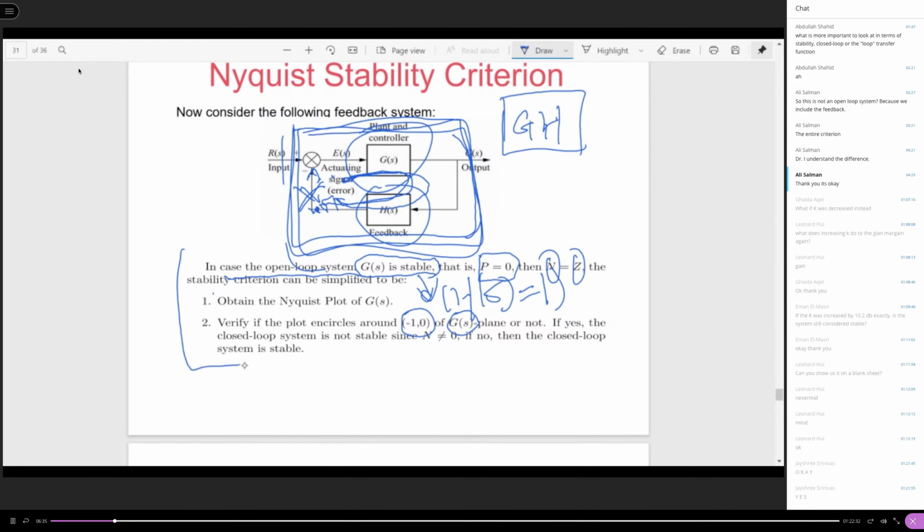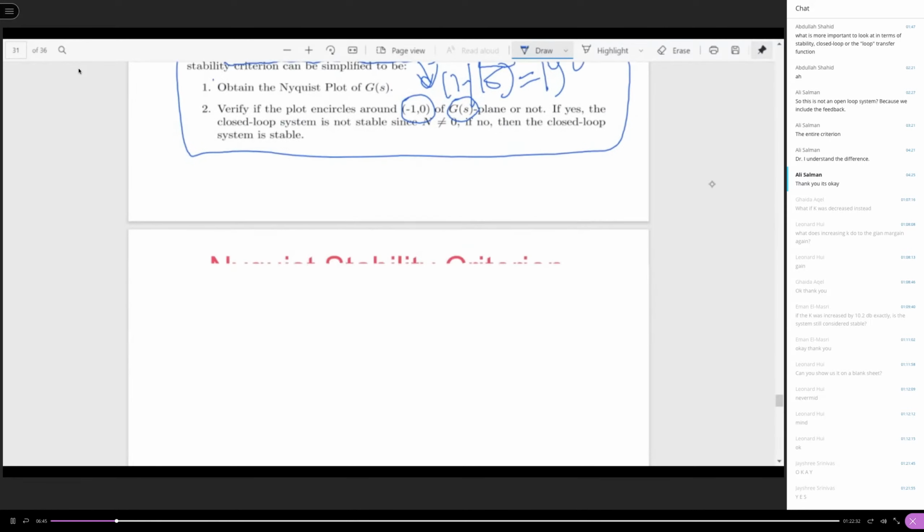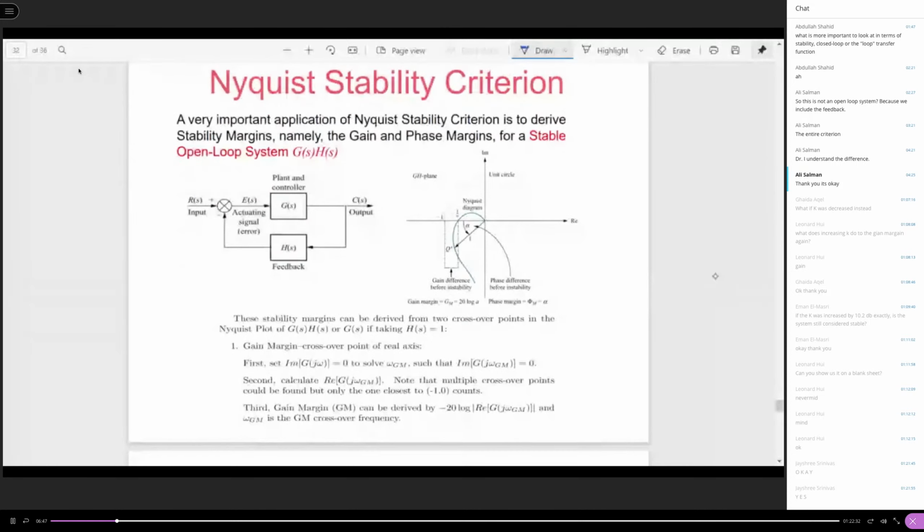And also, this simplified Nyquist stability criterion can introduce another very important concept, which is the stability margin. Because right now we can simply use whether the Nyquist plot encircles the -1, 0 point or not.